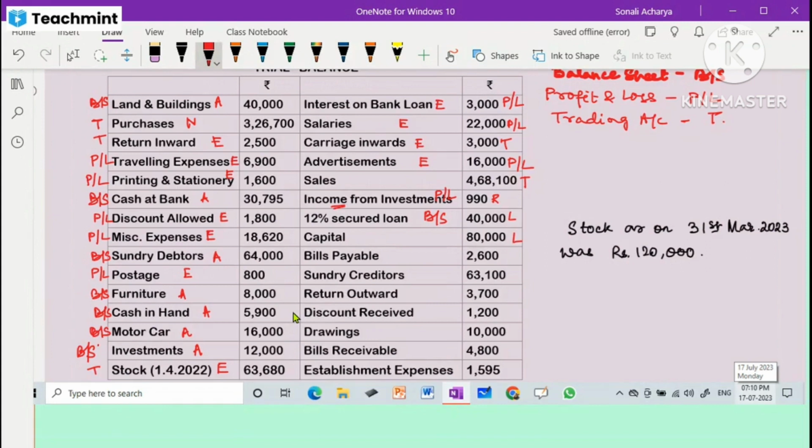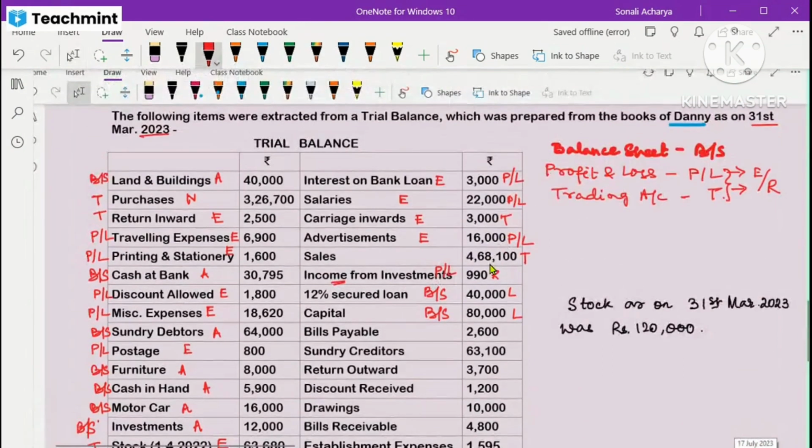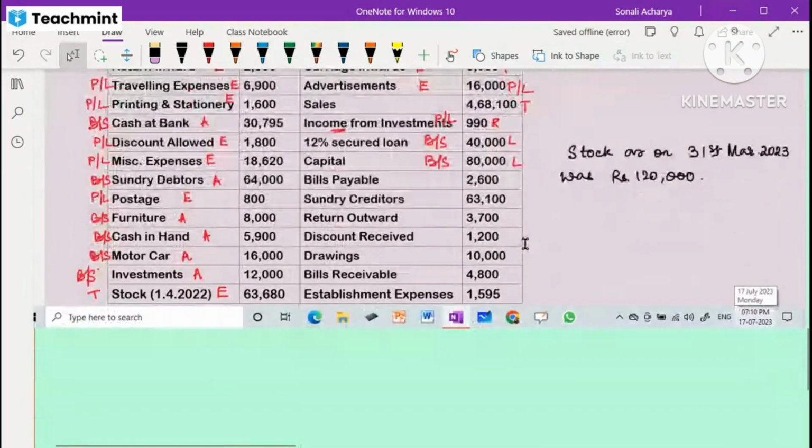All the assets and liabilities are shown in the balance sheet. So in these two we show all the expenses and revenue, and here we show all the assets and liabilities. Very easy to remember.